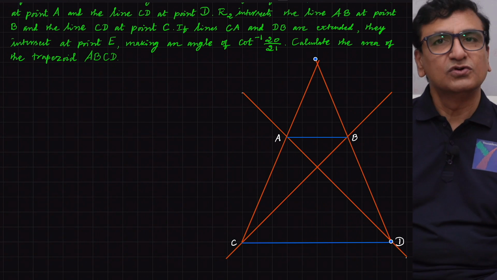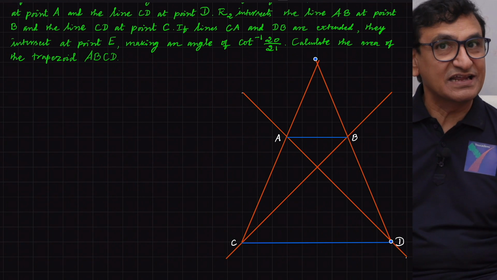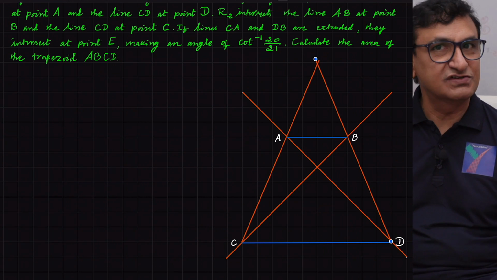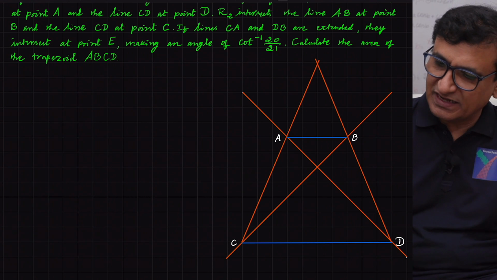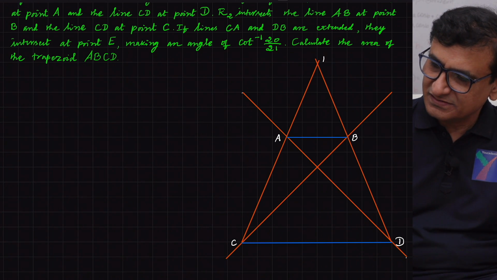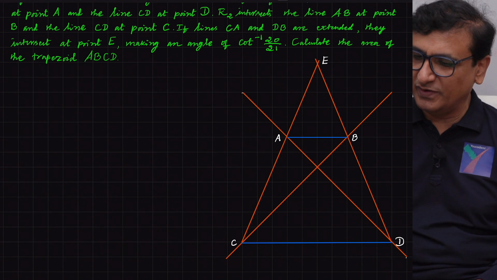Now next, what is given is the angle at E is cot inverse of 20 by 21. If I name this point as E, the angle made at point E is cot inverse of 20 by 21.